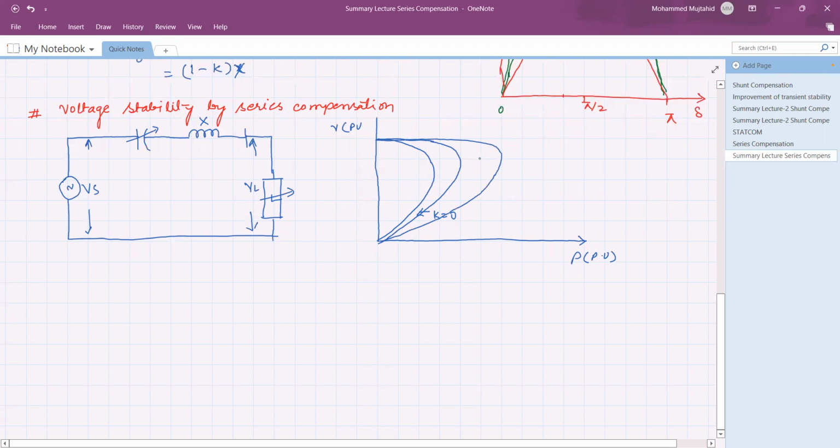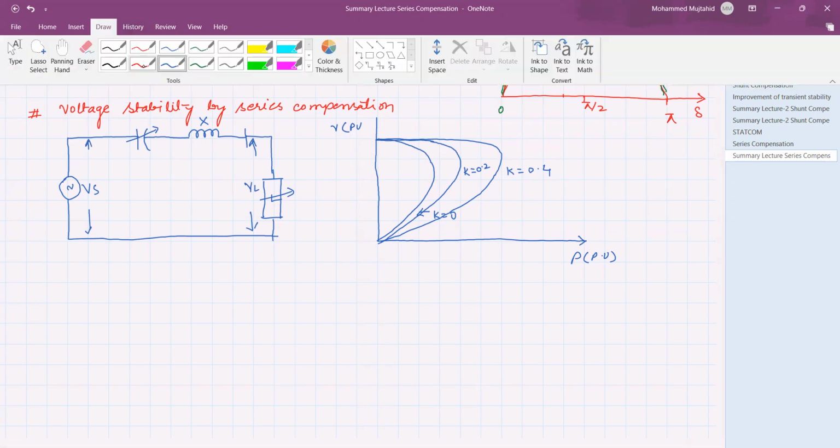Say this is K equal to 0.2, this is K equal to 0.4, and so on. So the second point is that by series compensation, it is possible to enhance the voltage stability or to maintain the voltage across the load.